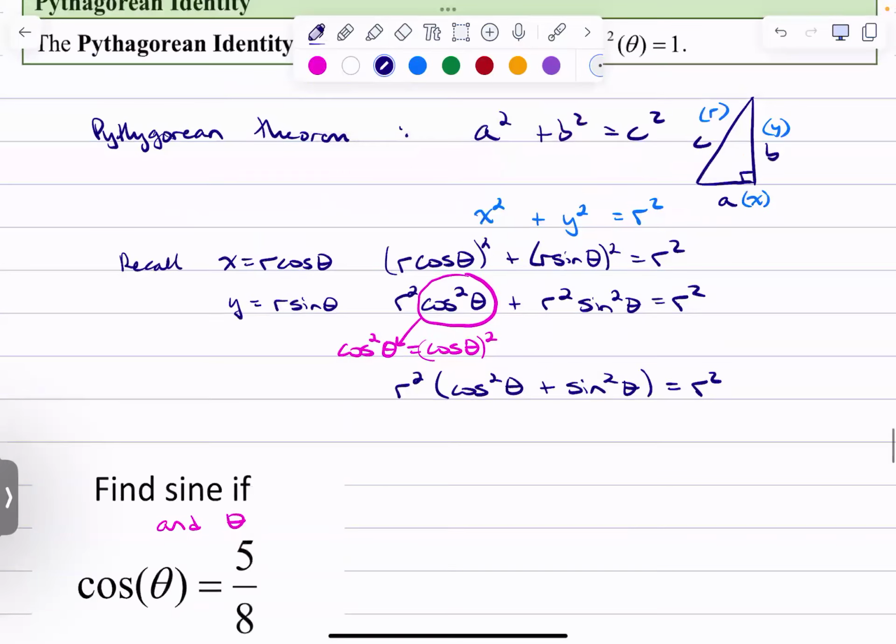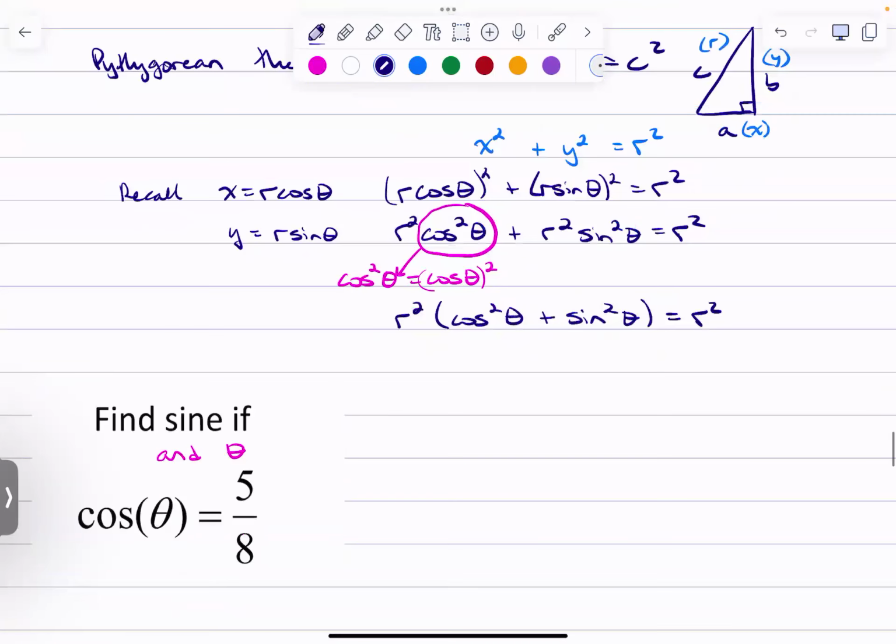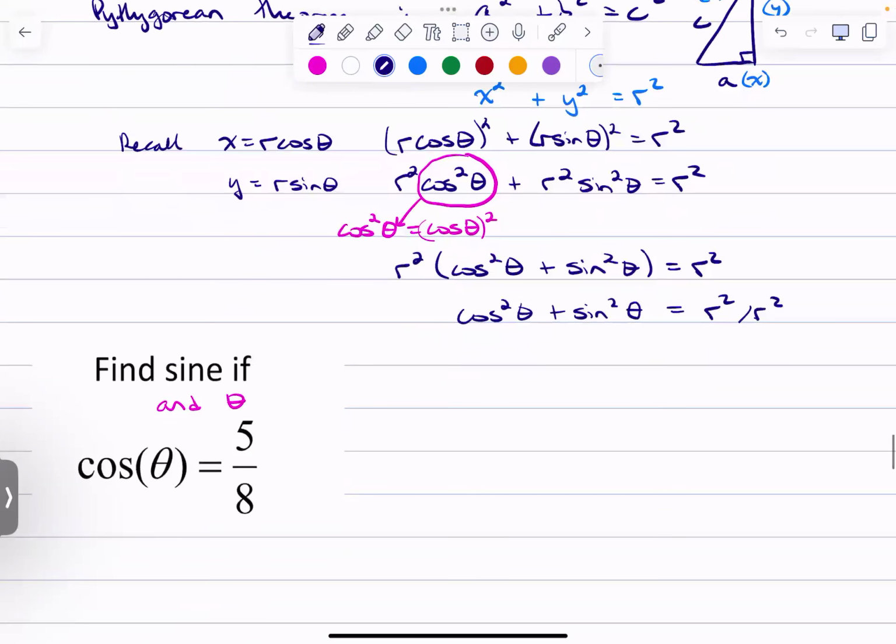You can divide both sides by r squared and get the cosine squared theta plus the sine squared theta is r squared over r squared, which makes cosine squared theta plus sine squared theta equal to 1.